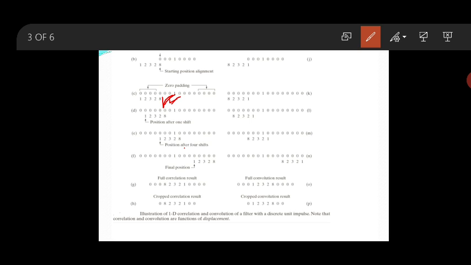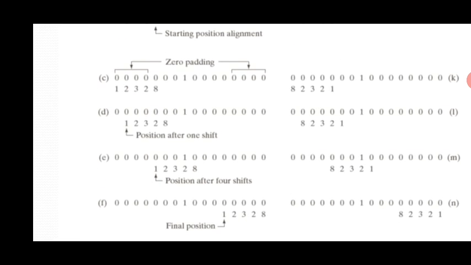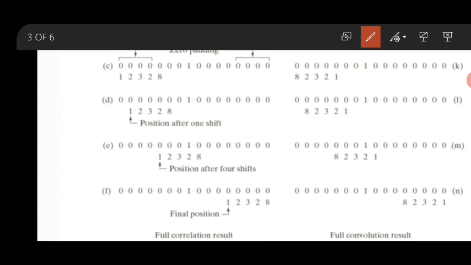In the second position you multiply again: 0 into 8, 0, 0 into 2, 0, 0 into 2, 0, 0 into 2, 0, 0 into 1, 0. So in the second shift also I am getting 0 only. I hope you understood this. This is the second shift.